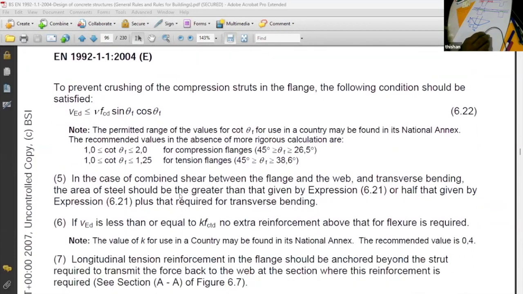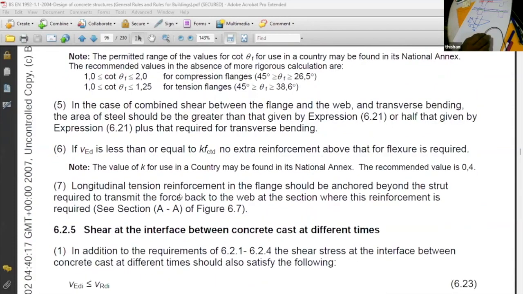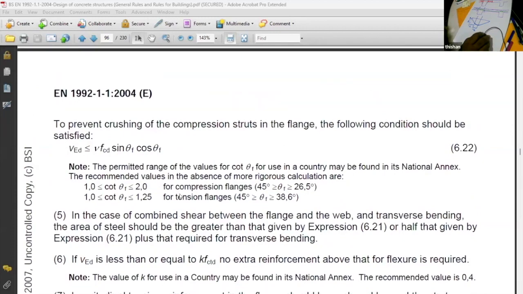And we'll again look at an example just to learn what has been done, right? Because the code covers up to this point with different values. The important thing that you have to keep in mind is for this particular shear, the critical angle starts from 26.5 degrees up to 45.